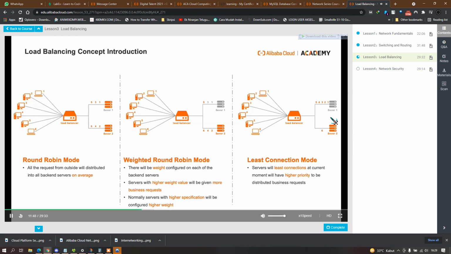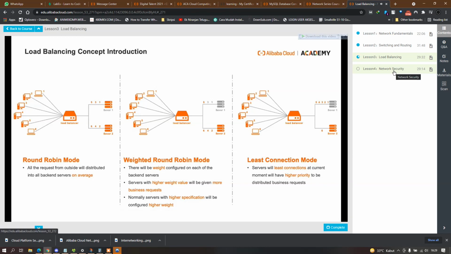And then the last mode is the least connection mode. In this mode, the server with the least connections at the current moment will have a higher opportunity, or higher probability, to be distributed the business request. In this way, the connection quantity of each backend server is taken into consideration.